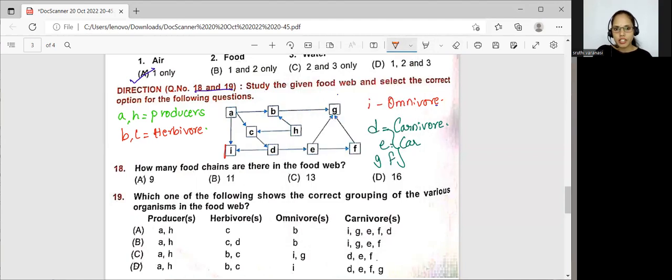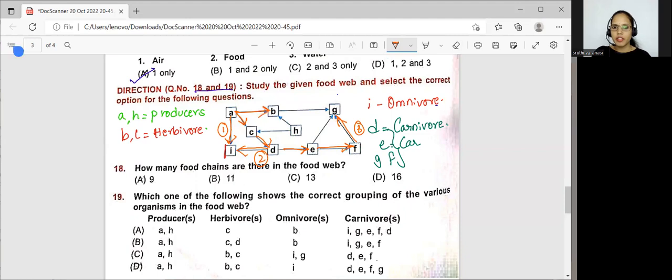The food chain started from here. A to I is one food chain. A to C, C to D, and D to I is the second food chain. A to C, C to D, D to E, E to F, F to G is the third food chain.